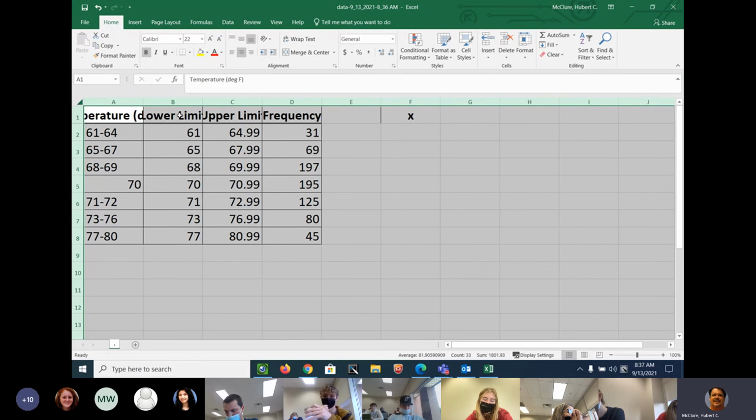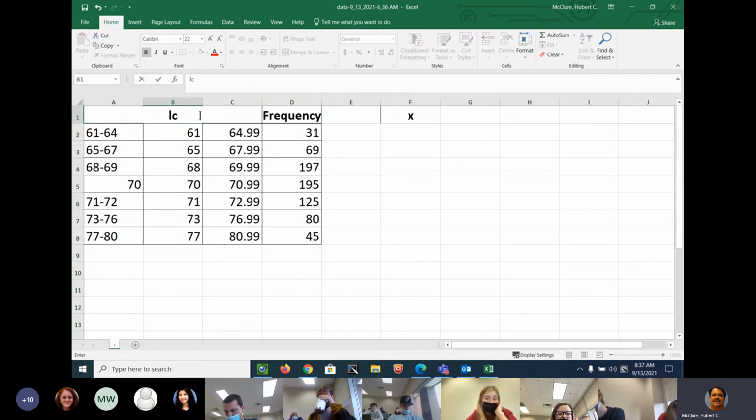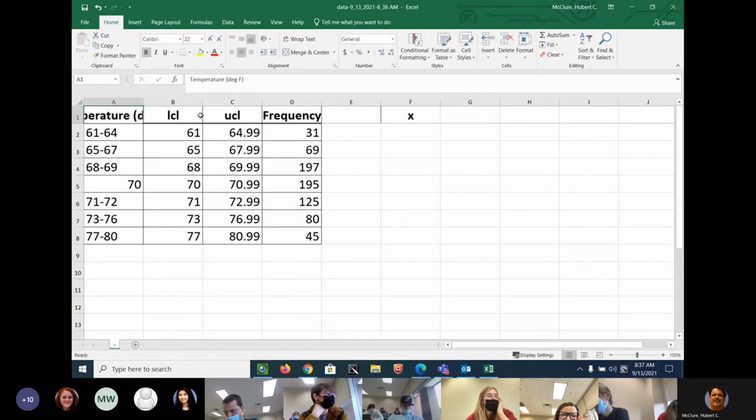I'm not going to use all these. That's the lower class limit, and this is the upper class limit. This is not usable, because they're giving y'all a quirky question.